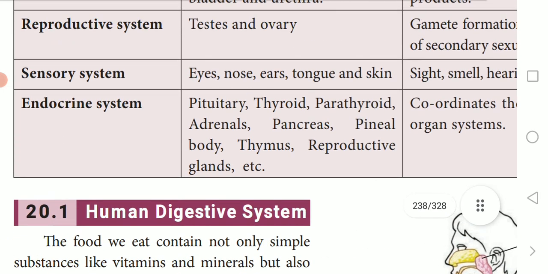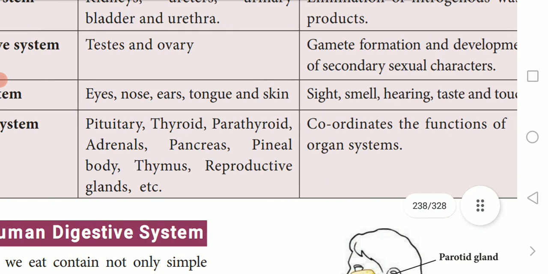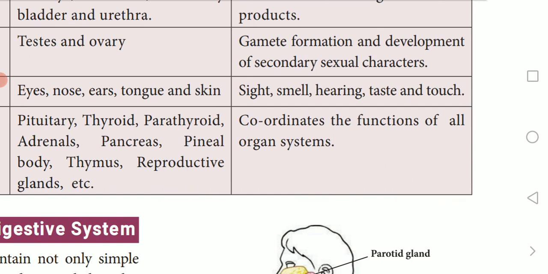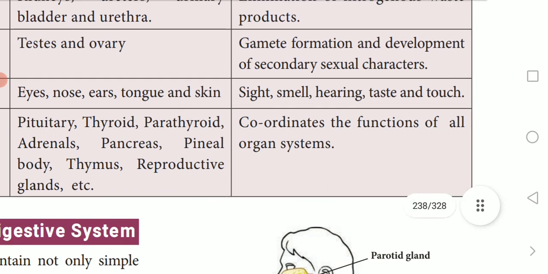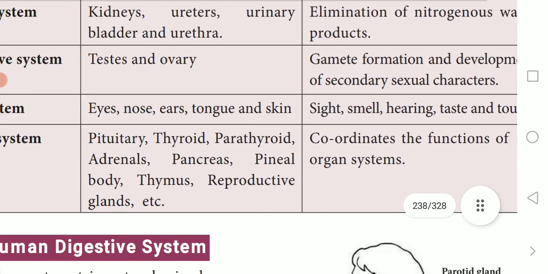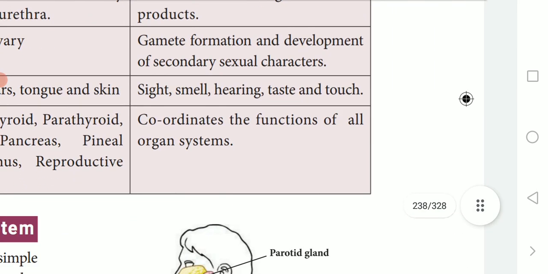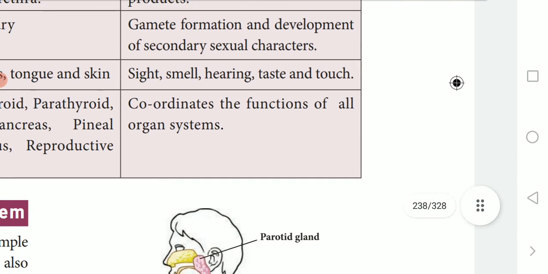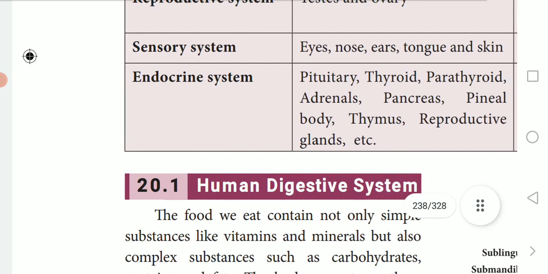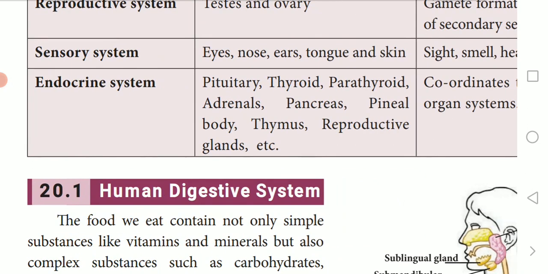The next one, the sensory system. What organs are involved? Eyes, nose, ear, tongue, and skin. The functions of the sensory system are sight, smell, hearing, taste, and touch. The next system is the endocrine system.